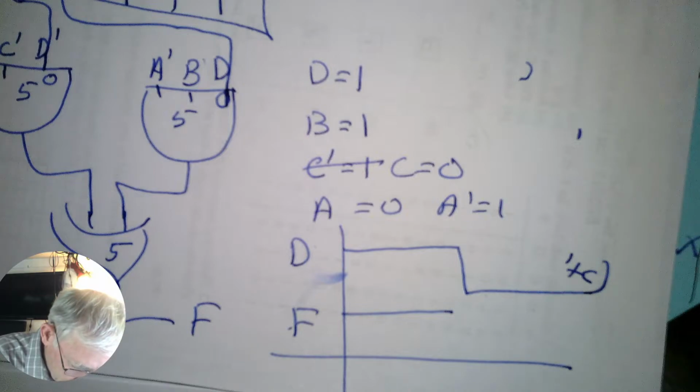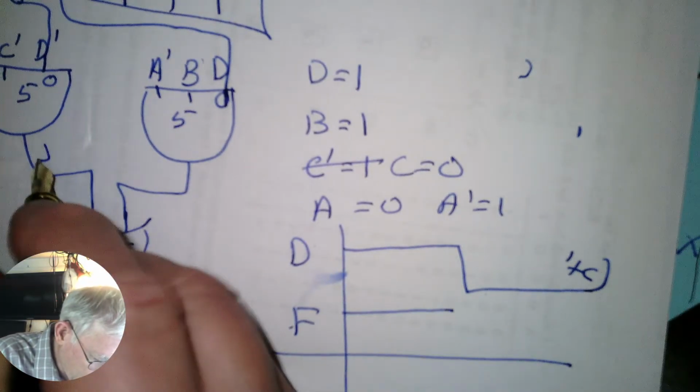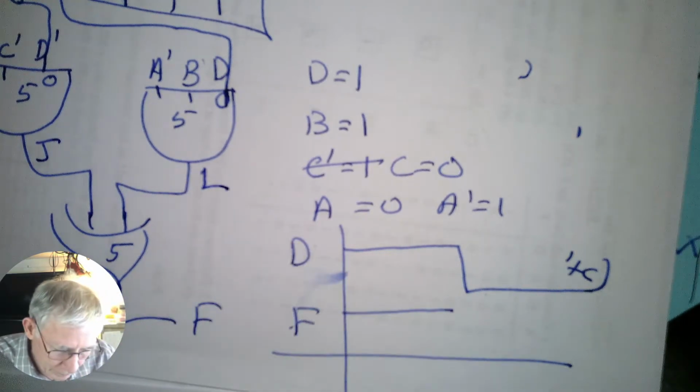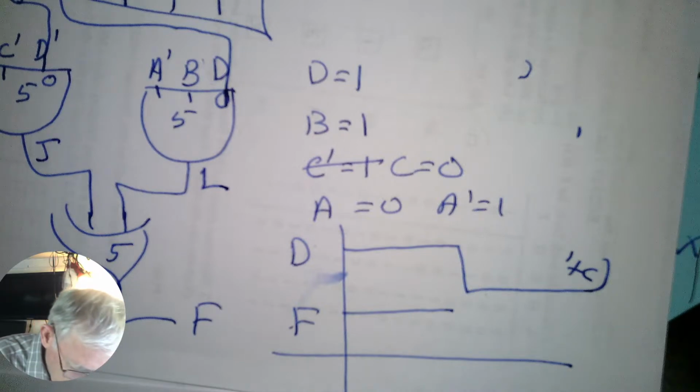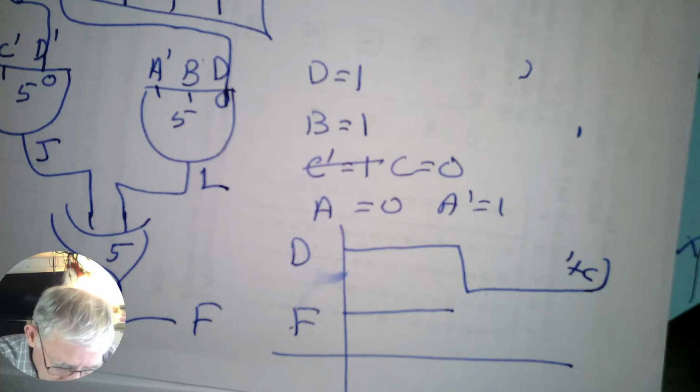We'll do F down here, we'll do D, and we'll label the output here J and L. Okay, so here's J and here's L. Now at the start, F is a 1, and then let's say here at 5 nanoseconds, D changes from a 1 to a 0, and it stays that way for the remainder.